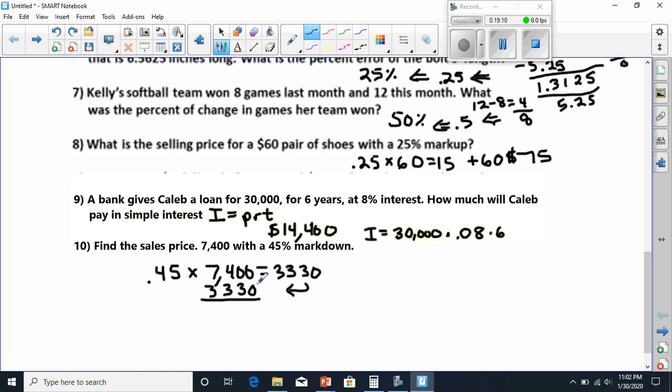When I subtract these, I see that I'm getting 0. I have to borrow 1 to get 1 here. So this would be 3 now. This would be 1. 10 minus 3 is 7. 3 minus 3 is 0. And 7 minus 3 is 4. So that means the new price will be $4,070.